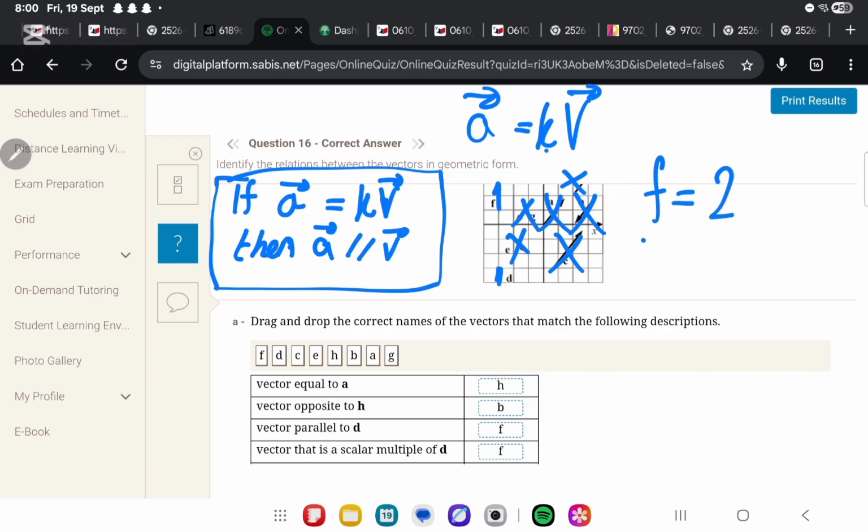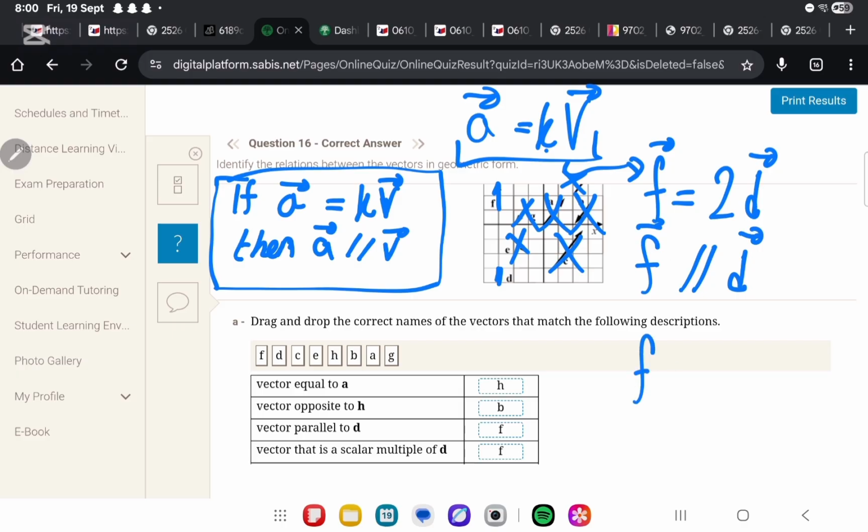So F is equal to 2D, as you can see from the figure, right? So this matches the form A equals KV, which means that not only is F parallel to D, but F is a scalar multiple of D.